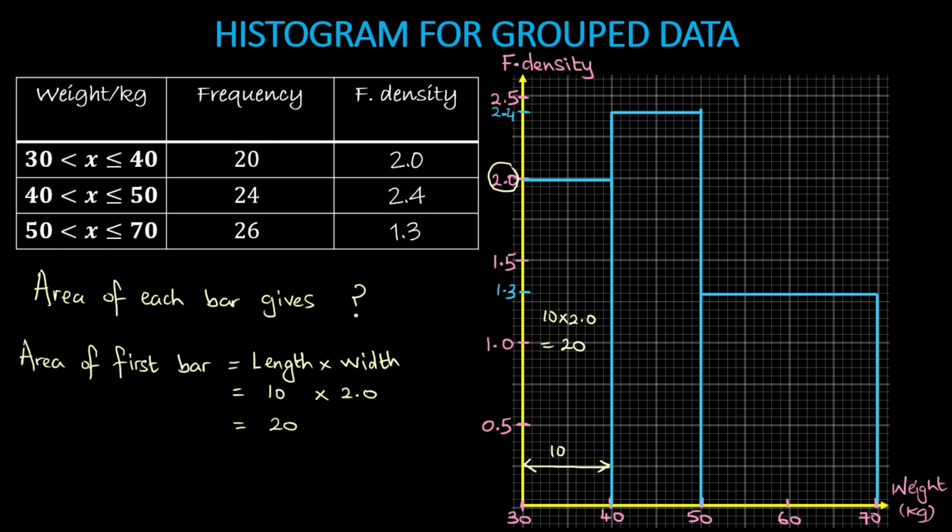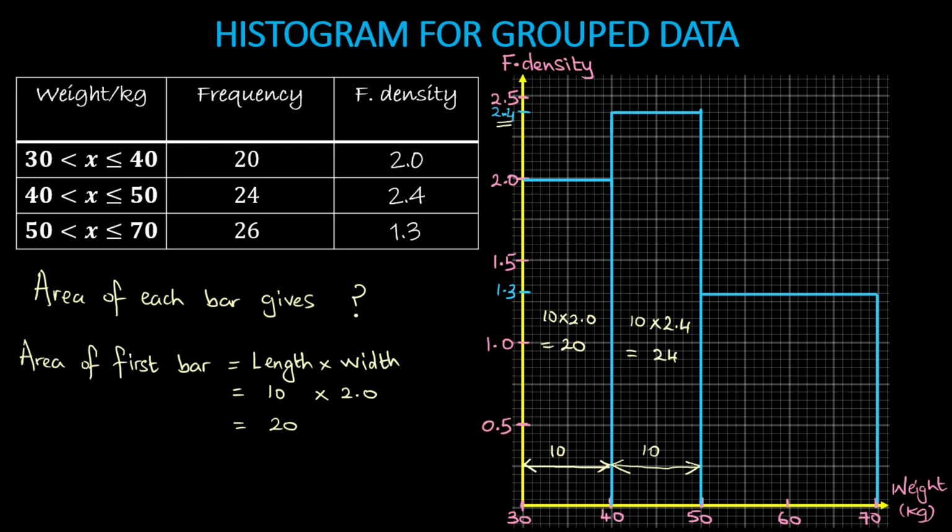Now if I do the same for the second bar, what will be the area? The length, which is from 40 to 50, the length is 10. So I take 10 times the height. The height is 2.4, which gives 24.